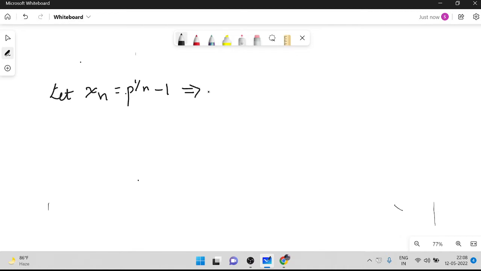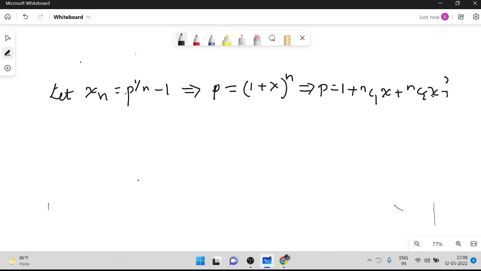This implies that p is equal to 1 plus xn whole power n, which implies p is equal to 1 plus, using our binomial expansion, nC1 xn plus nC2 xn square plus so on.